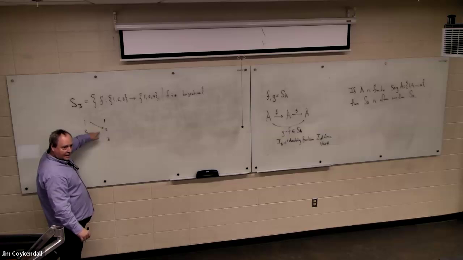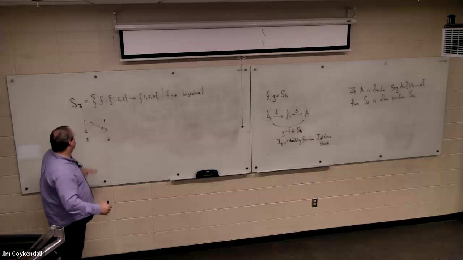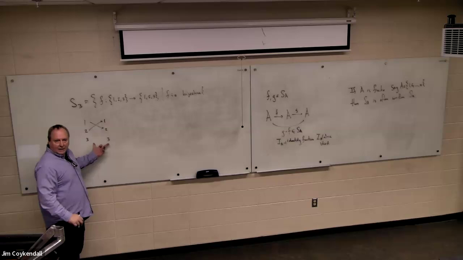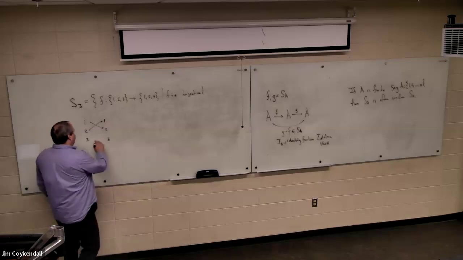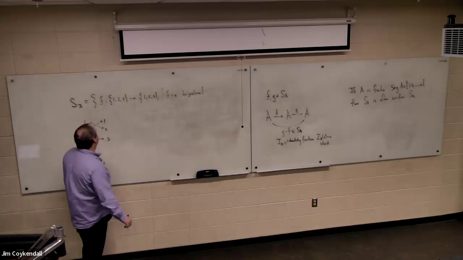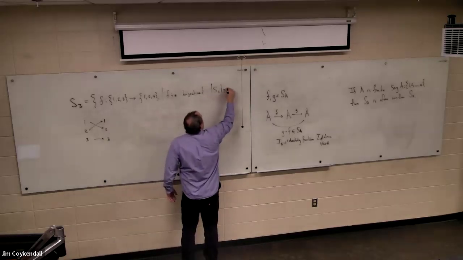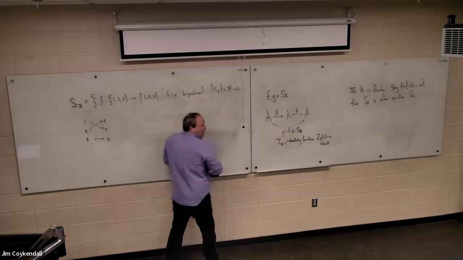Agreed? How many choices you got now? Now you got 2. And once you're down to the last lonely person, there's no place to go except the one that's left over, right? 1. So there should be 3 factorial. Six, right?